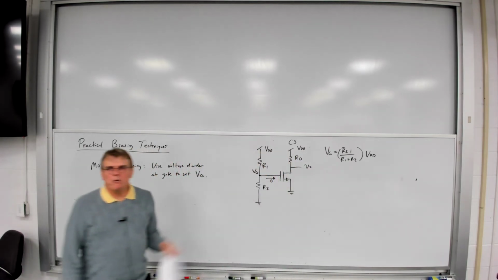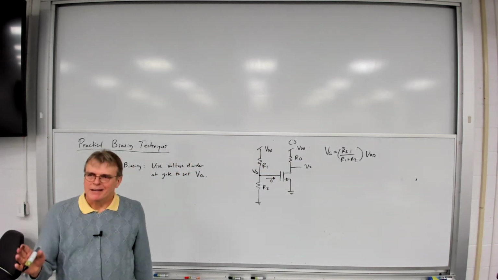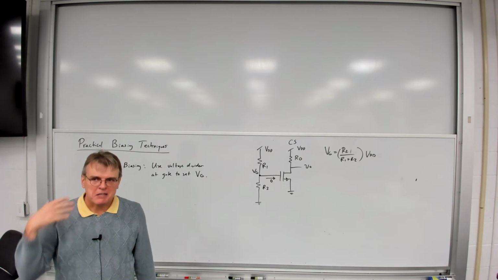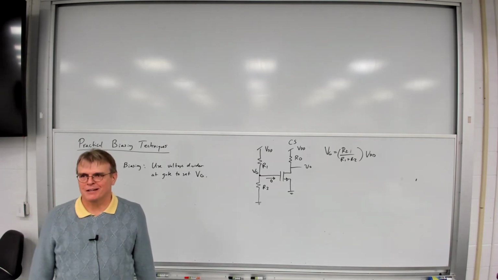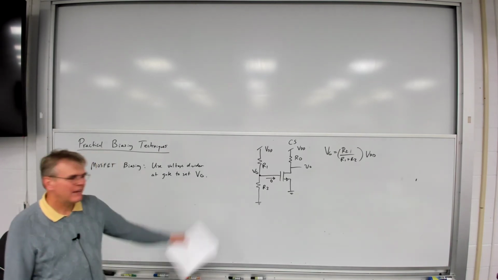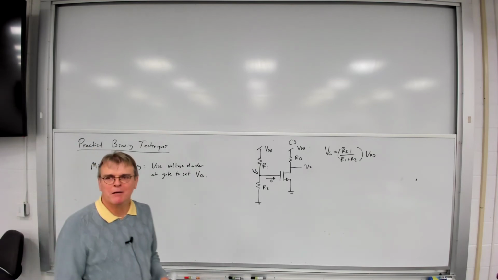Except, in order to make this amplifier work, I need a way of connecting the source to this circuit. How do I do that? Well, here is where the power of a capacitor comes in.